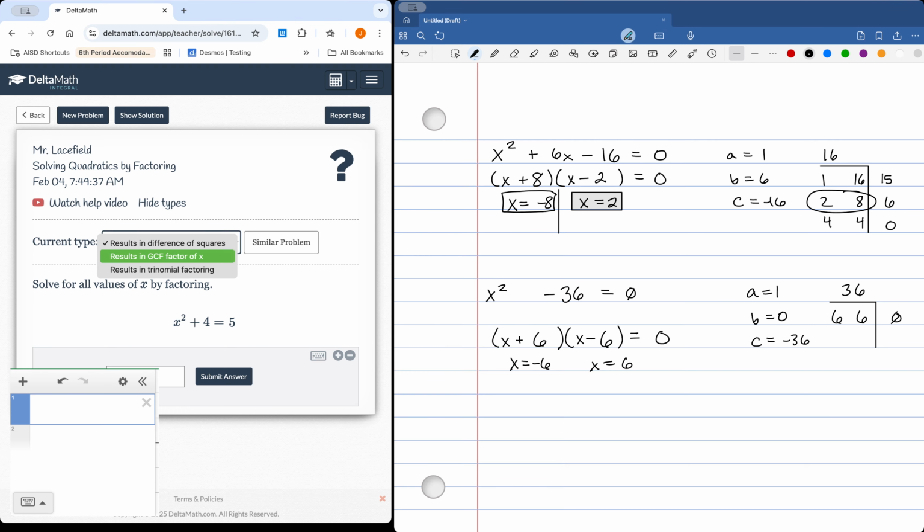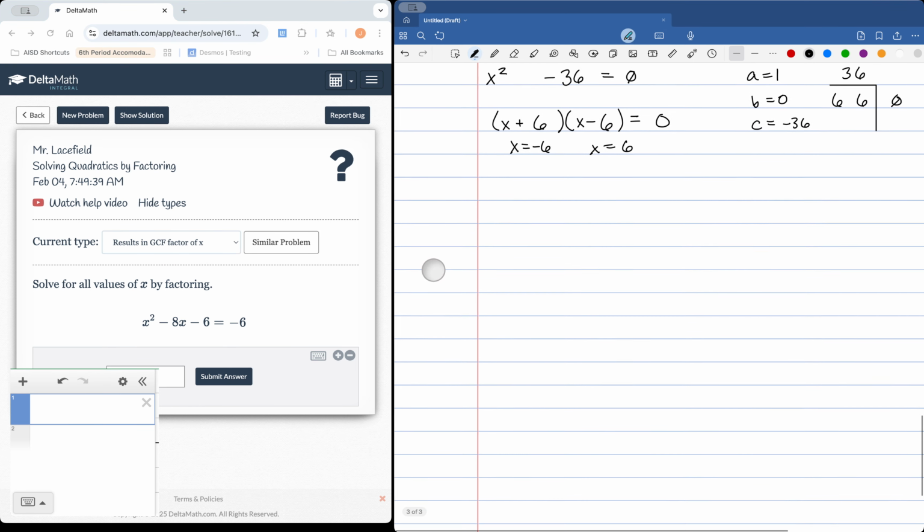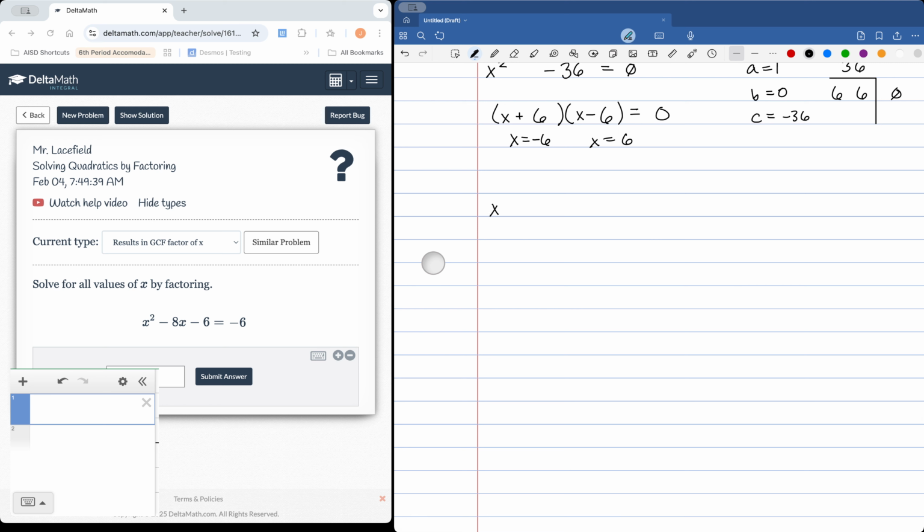Okay, and let's do one like this one. We're going to take x squared minus 8x equals 0. Okay, again, from the very beginning, I noticed that the negative 6 is on both sides of the equation, so they're going to go away.